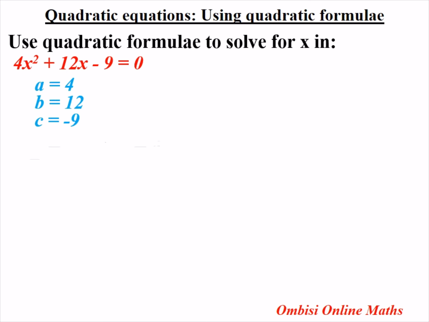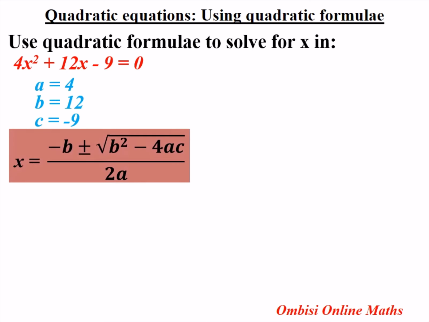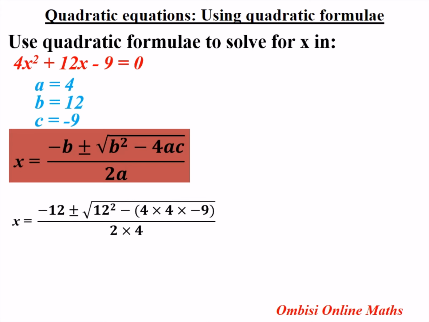Using the quadratic formula, we substitute the values of a, b, and c, and you end up with x equals negative 12 plus or minus the square root of 12 squared minus 4 times 4 times negative 9, over 2 times 4.